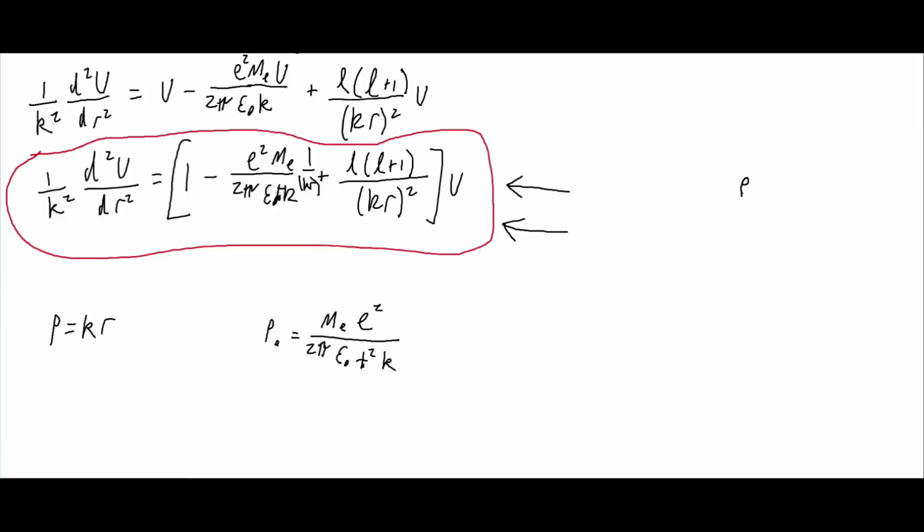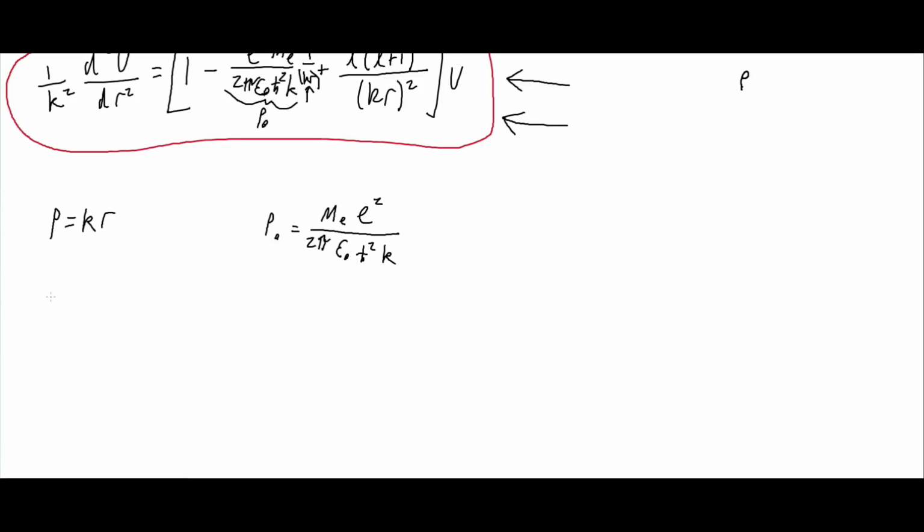So I'll see about writing this a little bit neater, so I'll remove all this stuff here. And so it should be this epsilon naught h bar squared and then k, and then there's the 1 over kr right there. And so we're defining this whole thing right here as our rho naught, and then we're defining this kr as our rho.